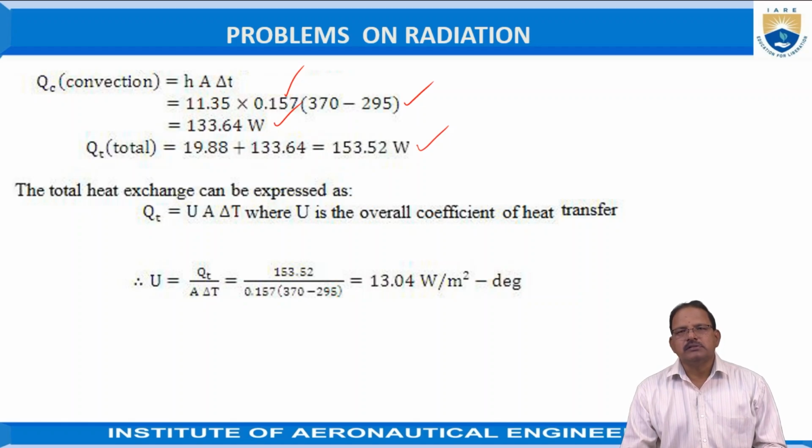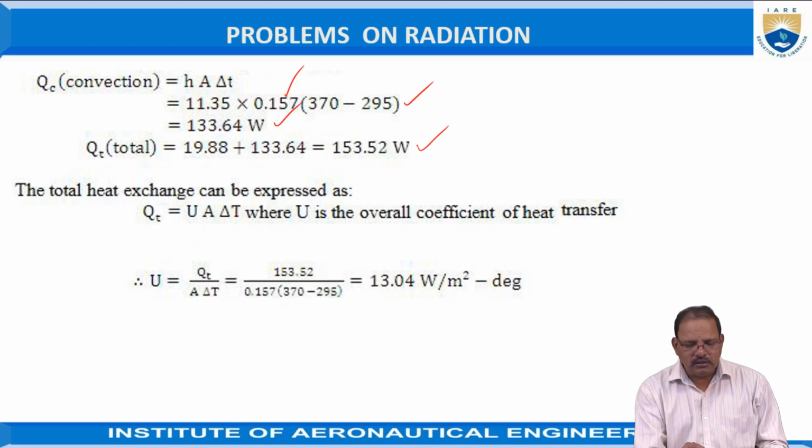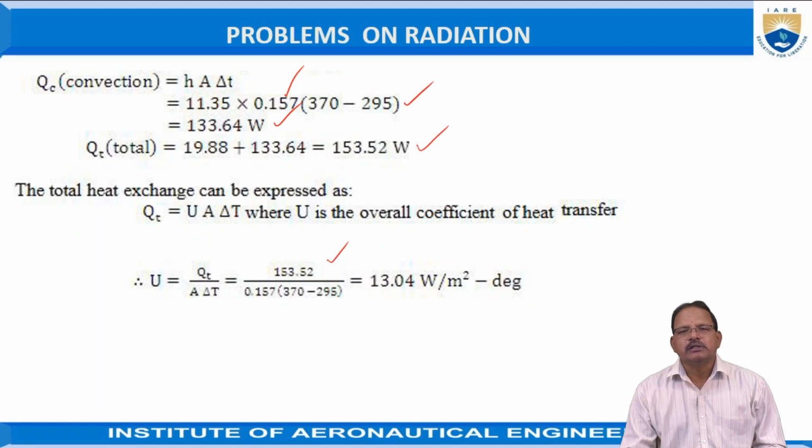So from these relations, the overall coefficient U is equal to QT divided by A into delta T. Here QT is the total energy transmitted, which we already measured, equal to 153.52, divided by the area 0.157.